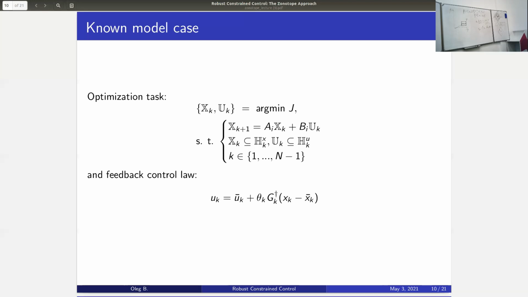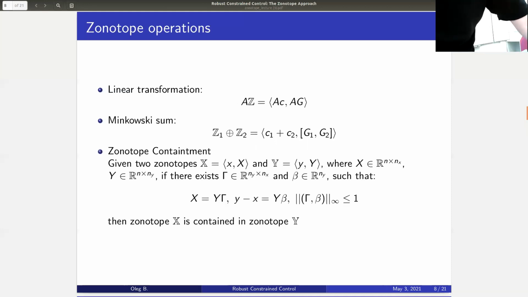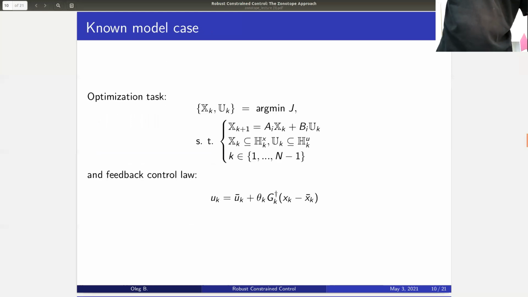Another question. This is basically a QP, right? Yes, no, it's not a QP. But it's convex. As I remember, this part is SOCP, yes.